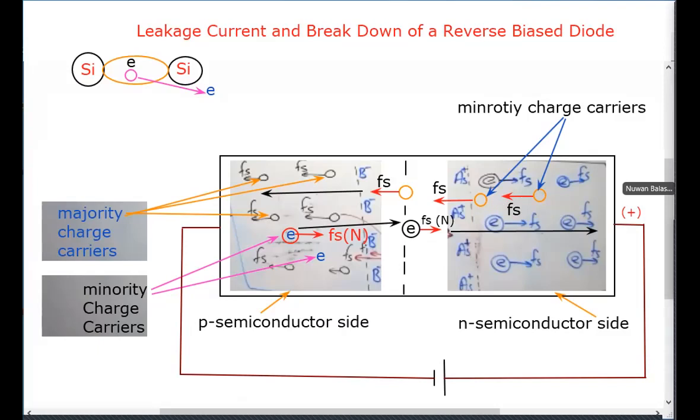If holes come to n semiconductor, in an n semiconductor side, holes are minority, electrons are majority. Is it clear? Minority and majority change according to the place. Okay.